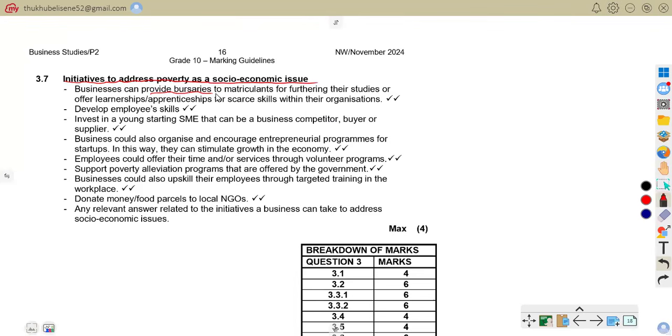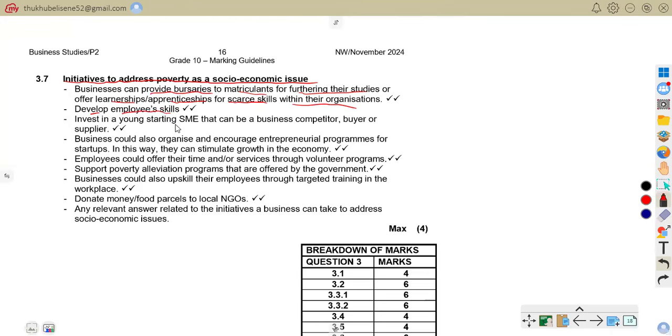Business can provide bursaries to matriculants for furthering their studies, or offer learnerships or internships for scarce skills within the organization. That is how we can address poverty. If you provide education, whereby we give bursaries, that as well can alleviate poverty.